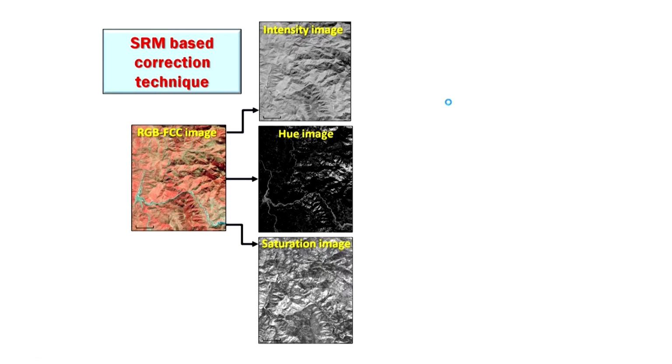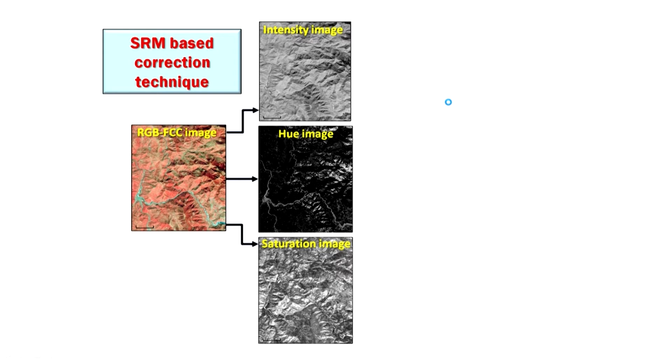So what we did, we split this RGB or FCC image into three components, IHS. Again, you are playing within the color space. First, an RGB image using 3 bands of the sensor or satellite bands was made as a color composite.